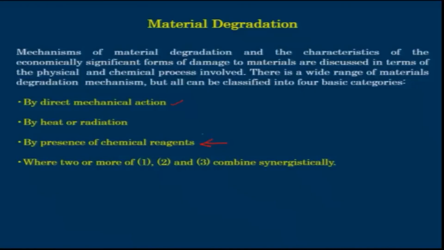So there will be material loss. Those kinds of situations, for example, mechanical action and chemical reactions. A classic example is fretting action. In fretting also we have mechanical action as well as corrosion action. So this combination can also lead to material degradation.